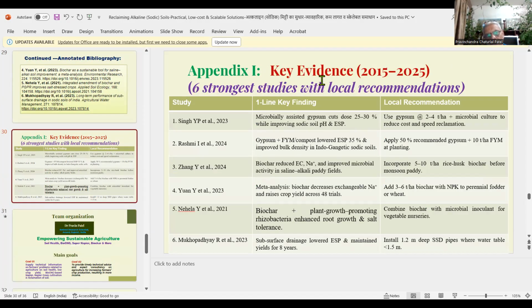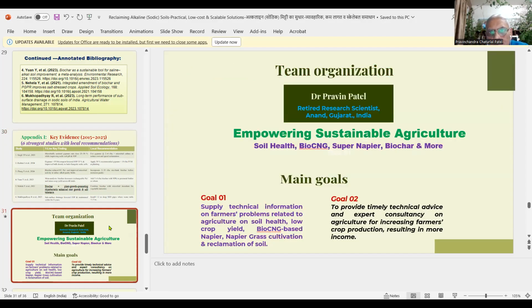Then key evidence, 2015 to 2025, six strongest studies with local recommendation, which we discussed earlier. Then team organization. I am doing agriculture consultancy. My name is Dr. Praveen Patel, retired research scientist, Anand, Gujarat, India.